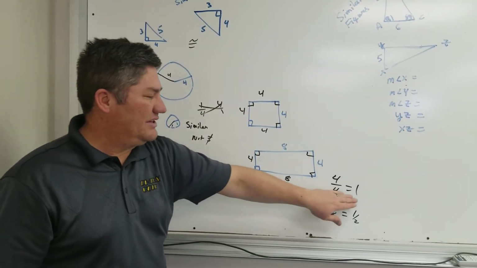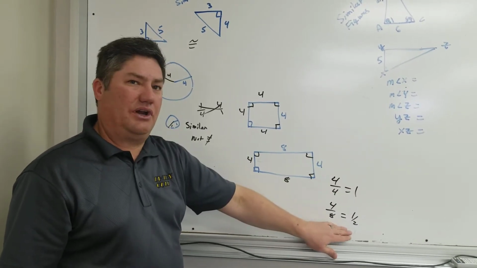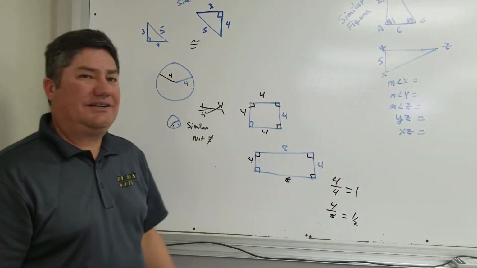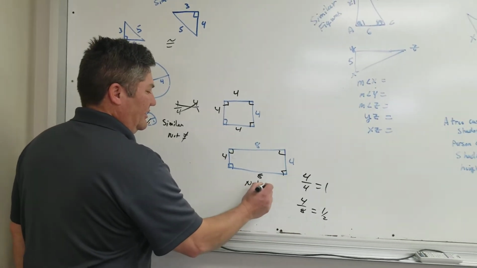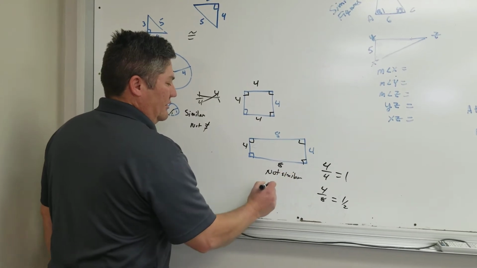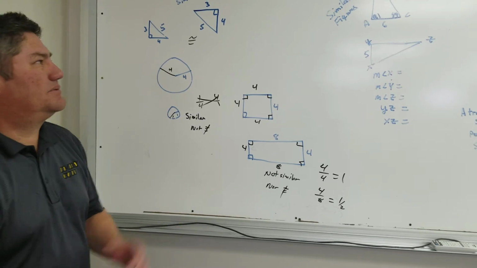So therefore, because this one has a ratio of 1, and this one has a ratio of 1/2, they are not similar nor congruent. Okay? All right, let's move over here.